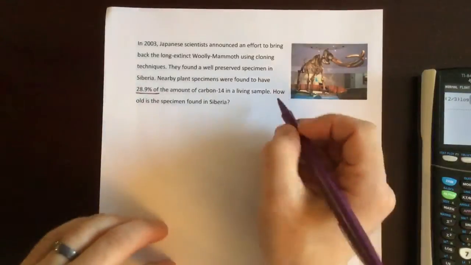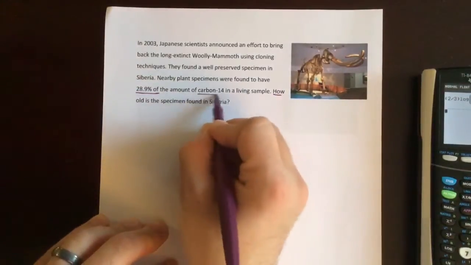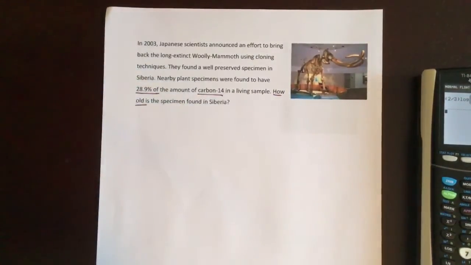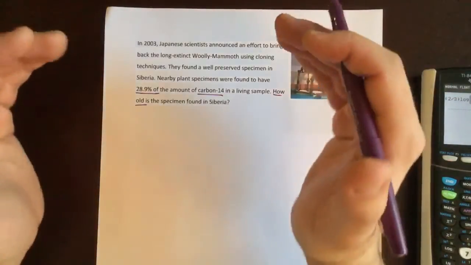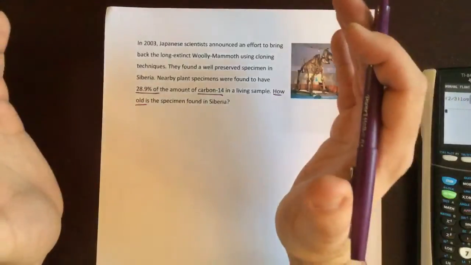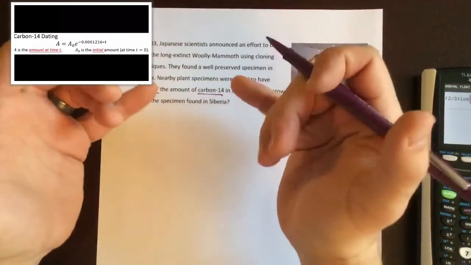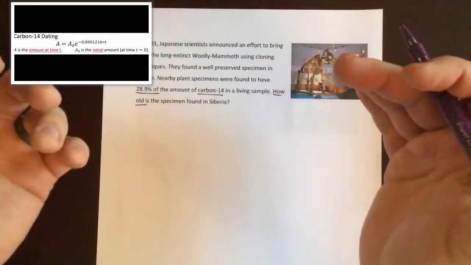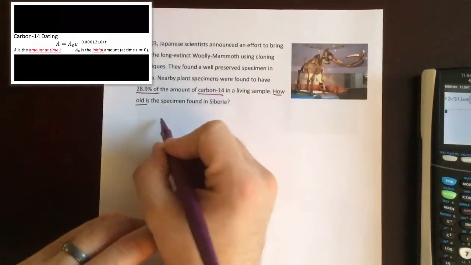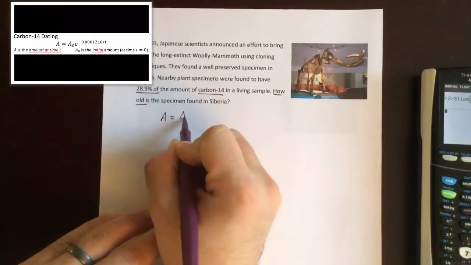So how old is this specimen? So carbon-14, how old is this specimen? It should be very obvious what we're looking at in terms of formula. With carbon-14, there's only one option here.